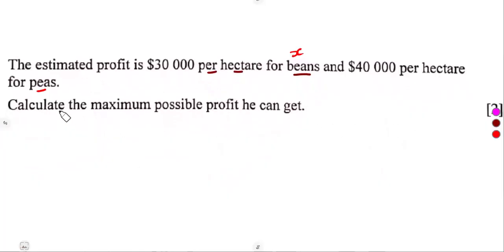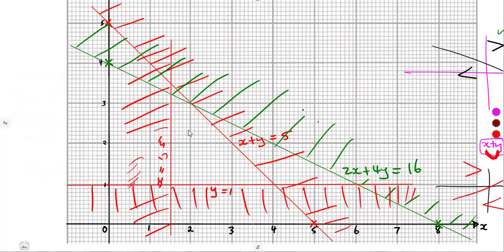The question is, calculate the maximum possible profit. Why are they saying possible? Because there are profits that can be obtained as long as we are looking into the region where the peas and beans are being grown.